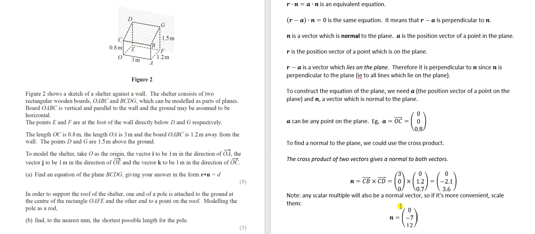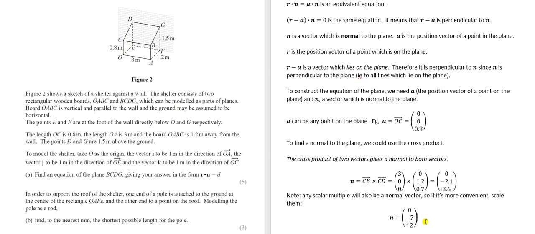And that's why we've got a 0 in there. In terms of the J direction, it's suggesting that it goes minus 7. In other words, it's coming away from the brick wall. And in the K direction, positive 12. So as you'd expect, it's sort of sticking up and away from the wall, but it's not moving left or right as you look at the building from the front, if your direction of view is from O to E, facing directly towards the wall.